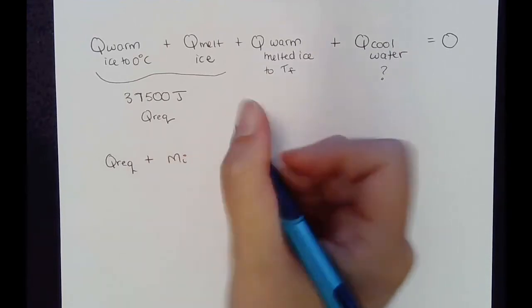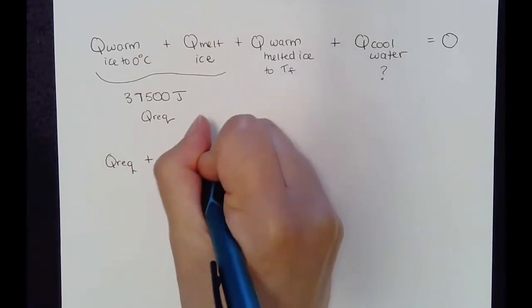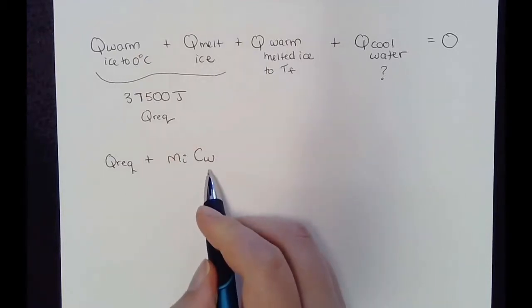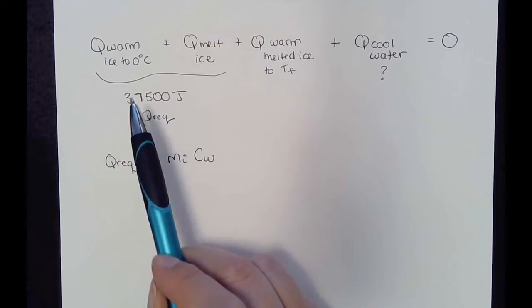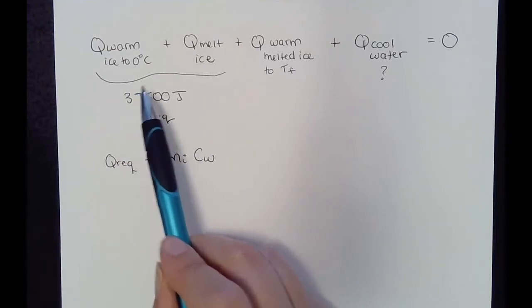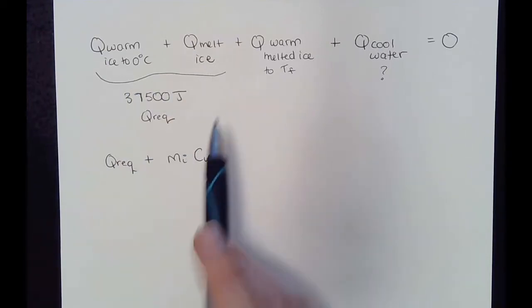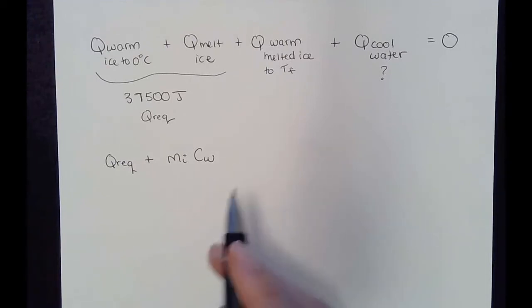the mass of ice. I'm warming the melted ice now. C water. So make sure you use the right specific heat value. This is why I'm not going to combine this term and this term, because it was ice and now at this point it's water, so we need to use specific heat for water.